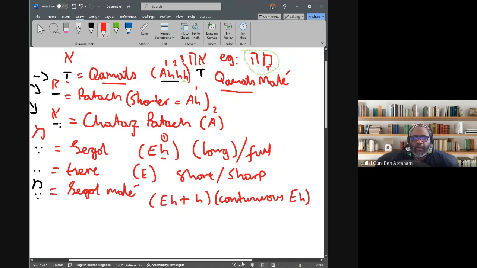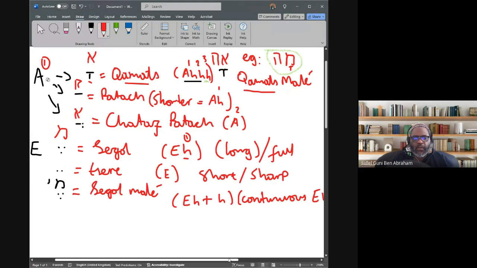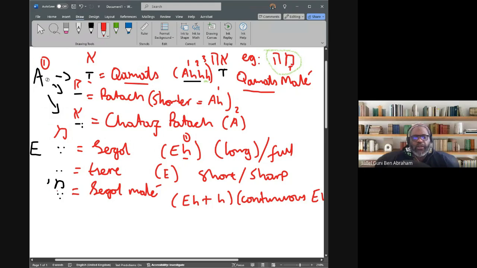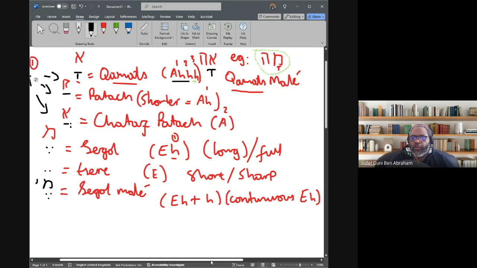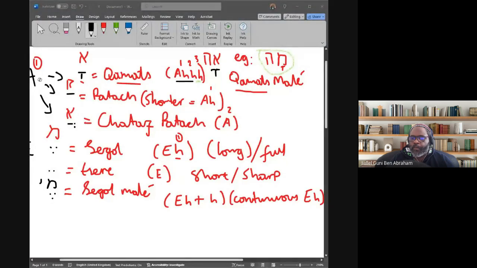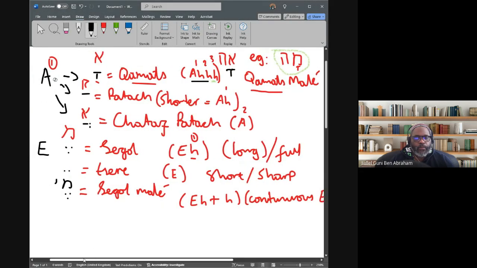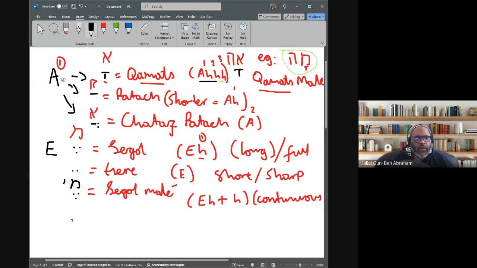Because it's got that yud, me. But if you want to make it precise, then you use another segol male. Let's use mem again. Actually, that's the actual sound with the hey.